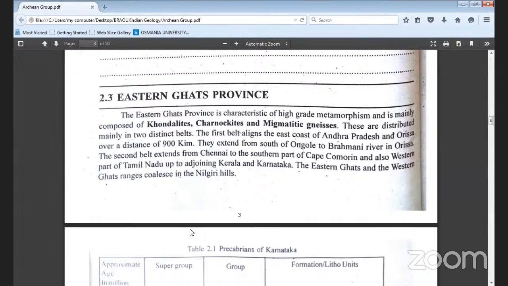They extend from south of Ongole to Brahmani River in Orissa. And the second belt extends from Chennai to the south, and also the western part of Tamil Nadu up to Kerala and Karnataka, joining the Eastern Ghats and the Western Ghats ranges in the Nilgiri Hills.